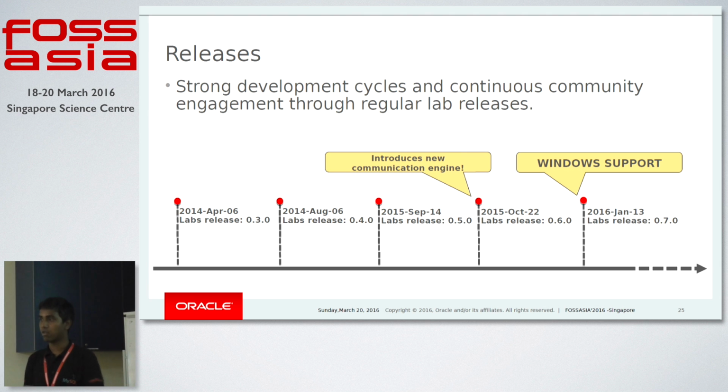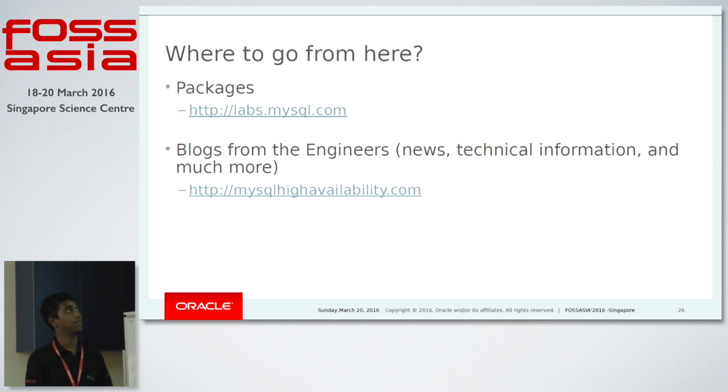So ideally, on all servers on which you can run MySQL, you can run MySQL group replication without any problem. The communication engine is shipped as a part of the solution that we have, and it works on all the platforms. So it has been active development for group replication over the year and a half that I have been involved with. What you can do is try it out from labs.mysql.com.